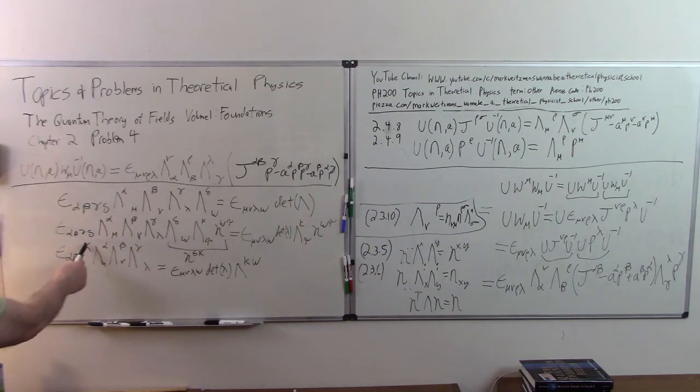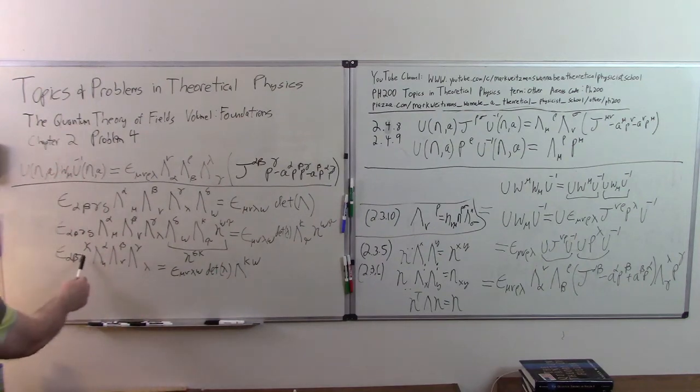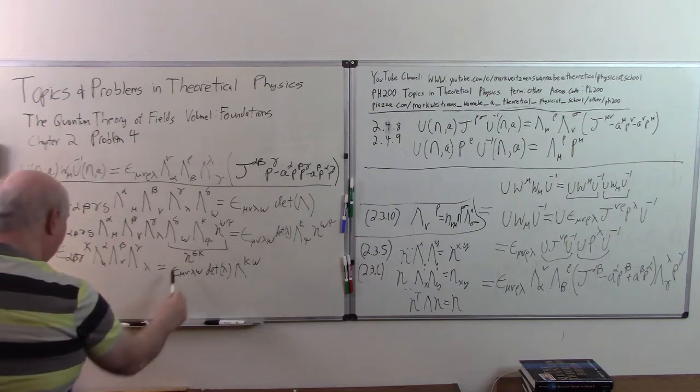Okay. Now I'm going to do 2 things at once, because this is kind of boring. First thing I'm going to do is lower the kappa index on both sides of the equation. And then I'm going to switch the first index with the fourth index on the antisymmetric symbol. That introduces a minus sign, but I'm also going to do it here.